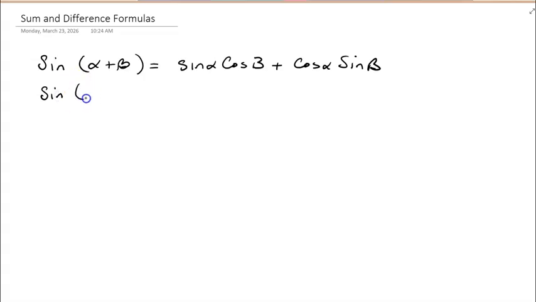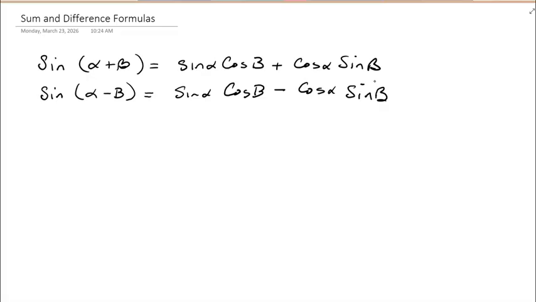Now, the difference formula is a little different. The sine of subtracting alpha minus beta is now sine alpha cosine beta minus cosine alpha sine beta.